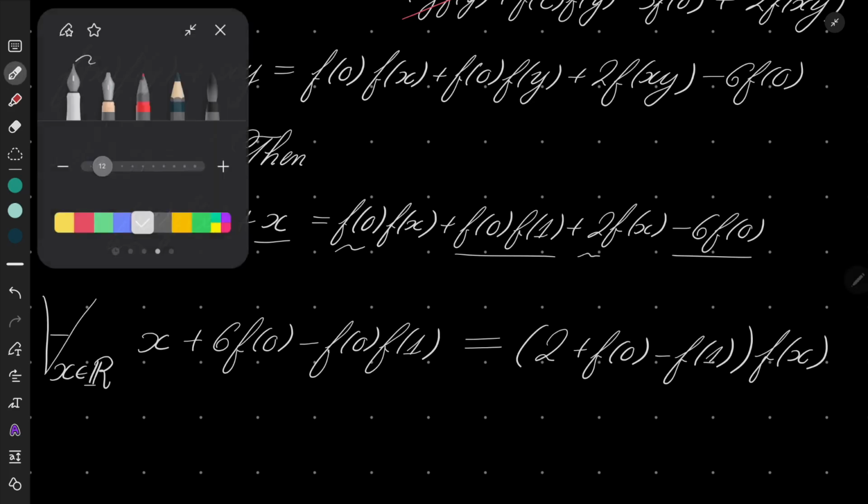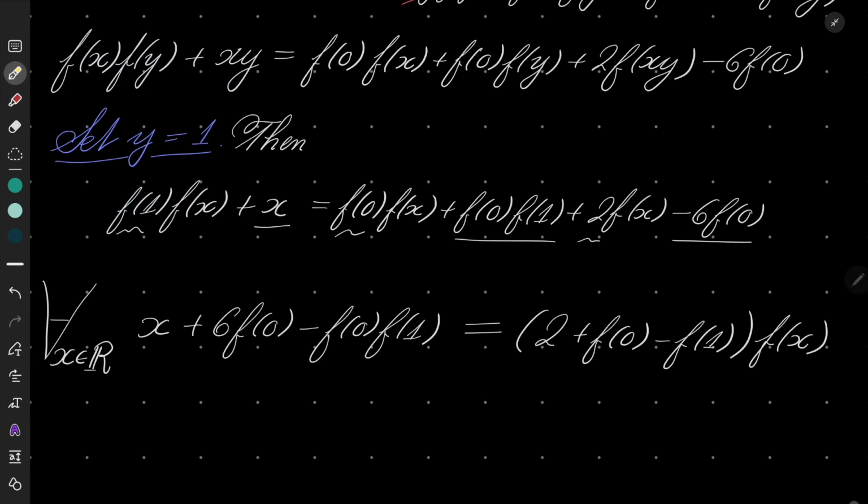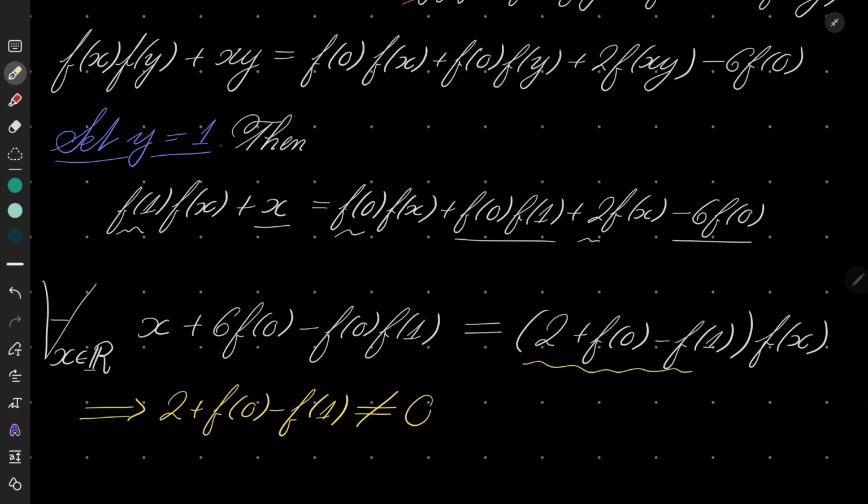And now let's notice that that means, in particular, that 2 plus f(0) minus f(1) cannot be 0. Why is that? Well, if it were to be 0, that would mean that we have x plus some constant equals 0. But x is arbitrary. So x plus a constant cannot be constantly equal to 0, because x varies.